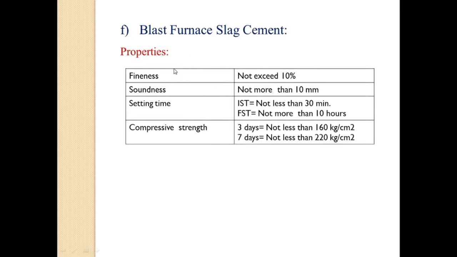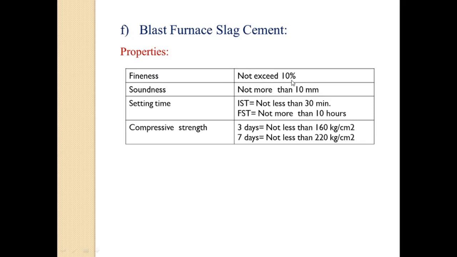So let us see what the properties of this blast furnace slag cement are. The color is generally blackish gray. Fineness should not exceed 10% residue when sieving on a 90 micron IS sieve.